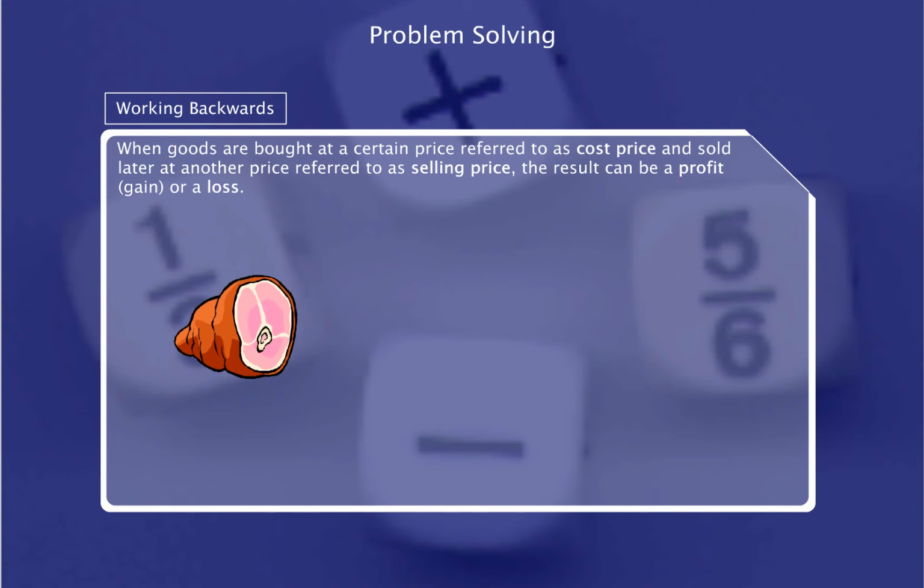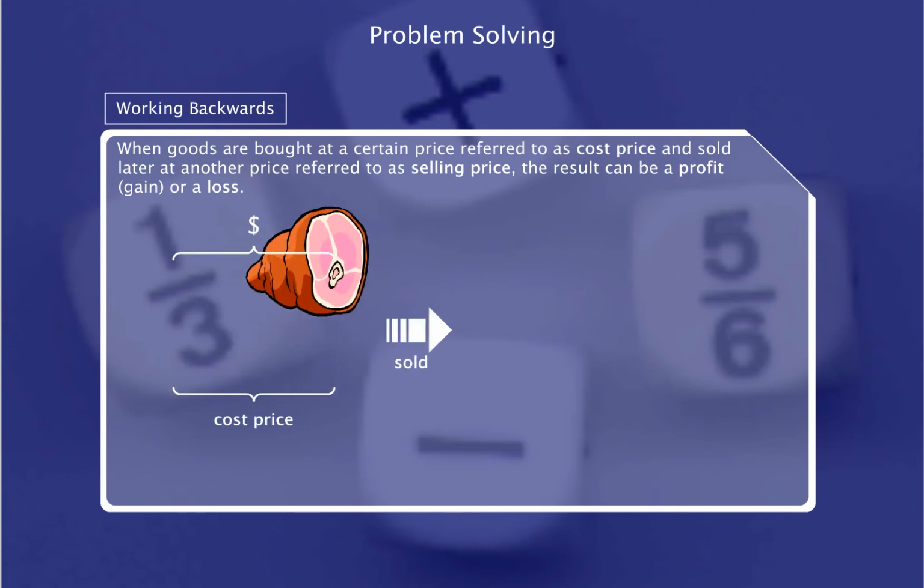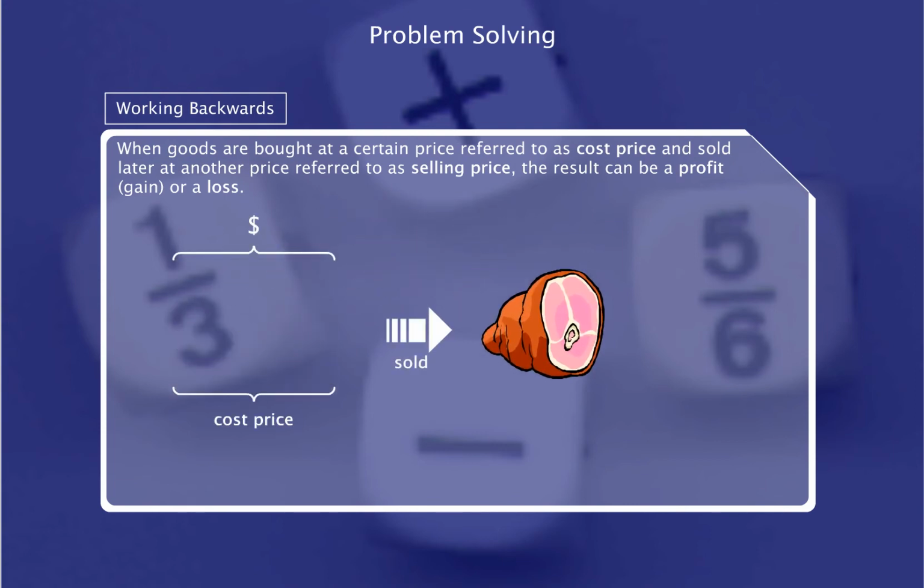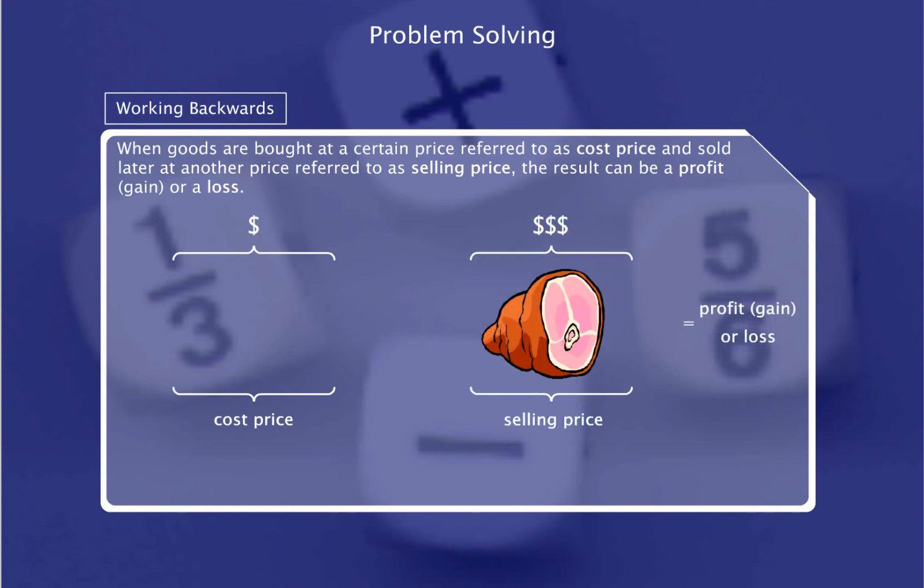When goods are bought at a certain price referred to as the cost price and sold later at another price referred to as the selling price, the result can be a profit, gain, or a loss. We calculate the profit or loss as follows.